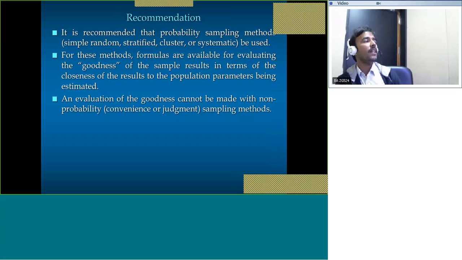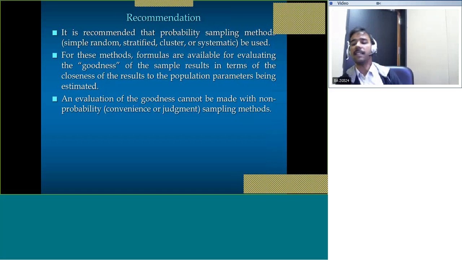In stratified random sampling, the whole population is divided into homogeneous groups called strata. From each stratum, we use simple random sampling technique to collect the sample. So you will have many simple random samplings from strata. The whole constitutes a sample.